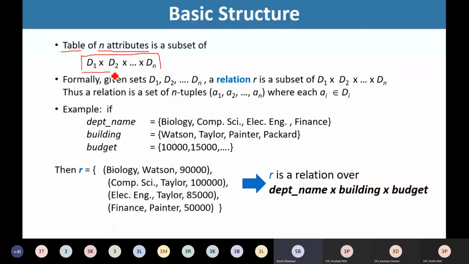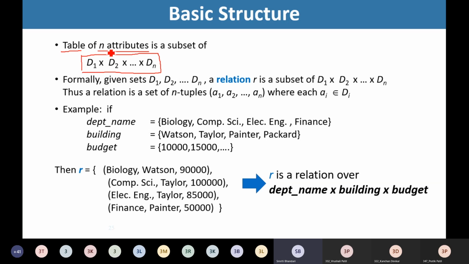So what do we mean by this? You must know the term Cartesian product, right? If I have n attributes, associated with every attribute I have one domain. So for n attributes, I have n domains.